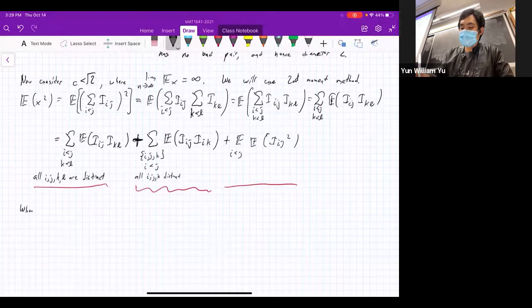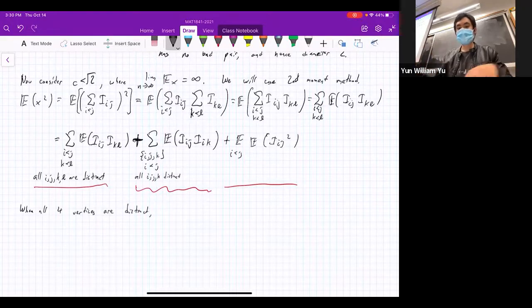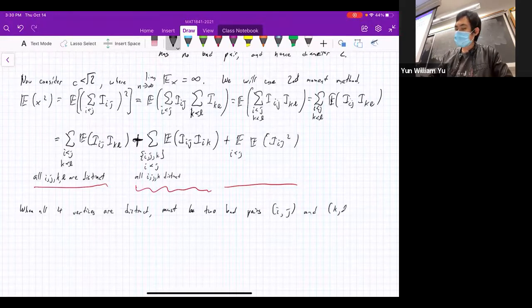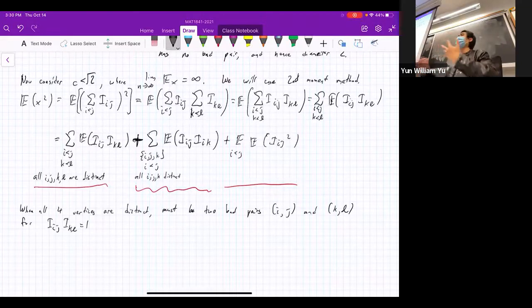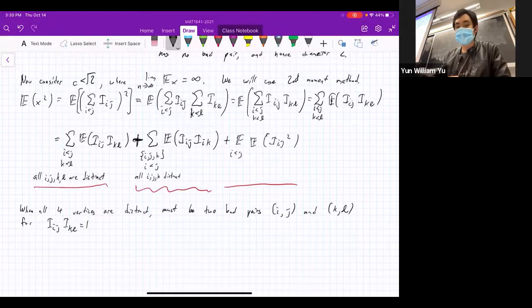So when all 4 vertices are distinct, then that means that there must be 2 bad pairs, ij and kl, for I_ij I_kl to be equal to 1. Okay, so you need them both to be bad in order for that to contribute anything to your sum. And so that's the only case we're going to worry about.